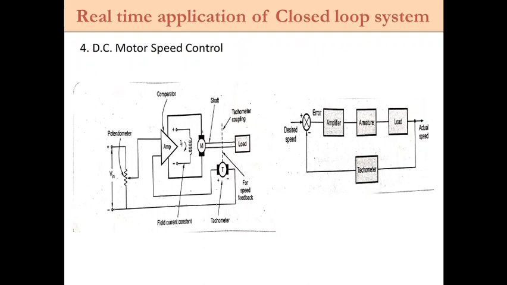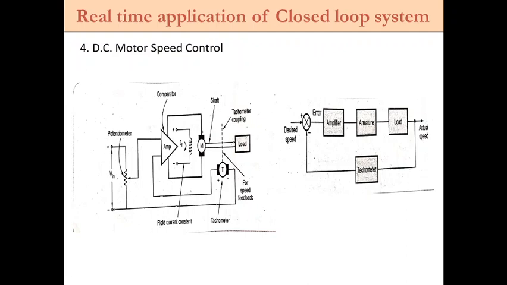So here, if you observe this block diagram instead of the circuit, you will understand. So this is the actual speed, it is measured by this tachometer, and you have some desired speed, some predetermined speed at which you need to run this motor.